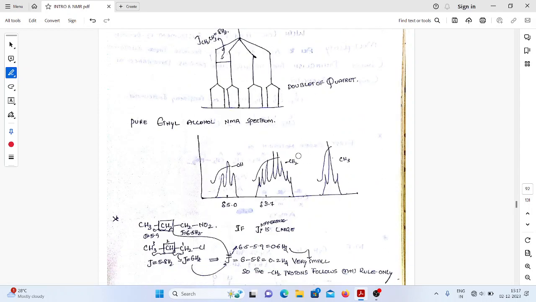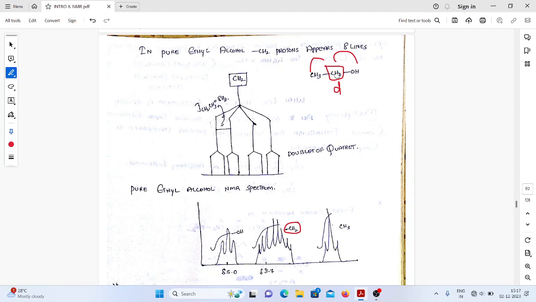See this one, CH2. How many lines are we getting finally? 8 lines. OH, 3 lines. 2 plus 1, 3. So 3 plus 1, 4. So the stepwise n plus 1 rule we are following. That's why we come up with 8.